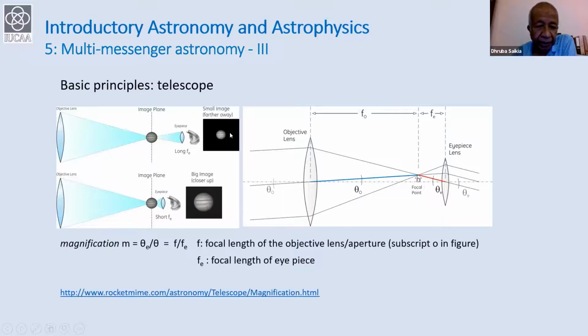And this illustrates that if you had a smaller focal length, you'd see a much enlarged image of Jupiter. Whereas if you had a longer focal length, you would see a smaller image of Jupiter. So magnification would be smaller.